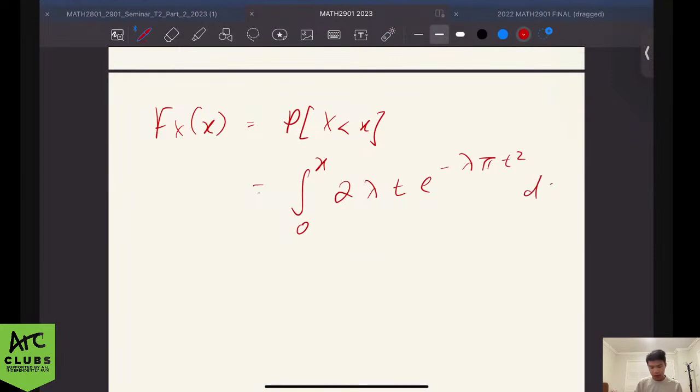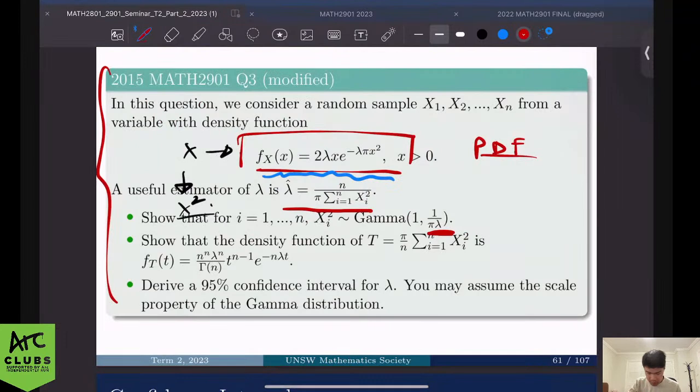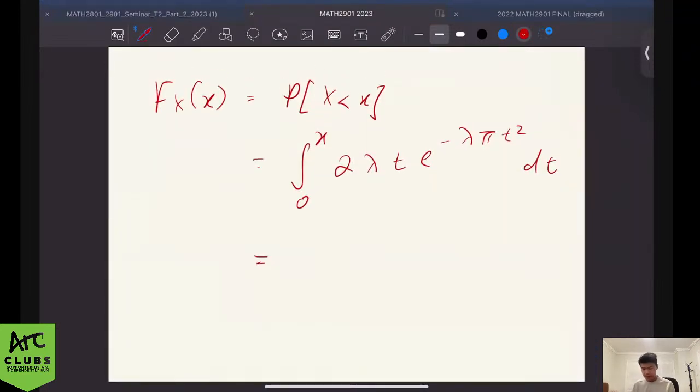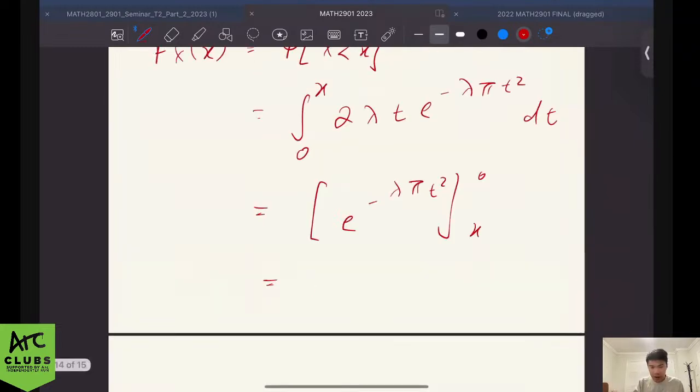Okay, I think that's right. Cool. So that just becomes a matter of integral by substitution. This becomes e to the minus lambda pi t squared from 0 to x, and you end up getting 1 minus e to the minus lambda pi x, okay?